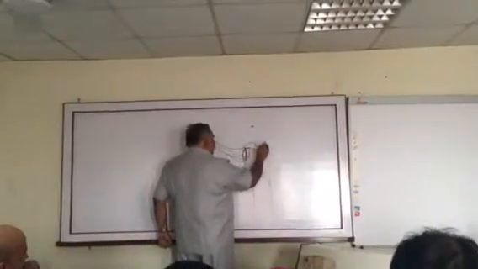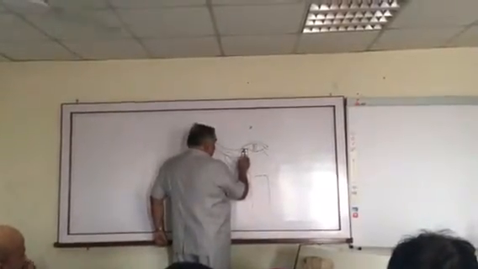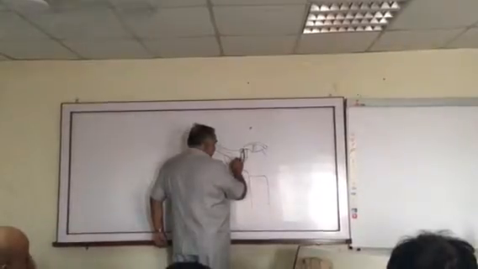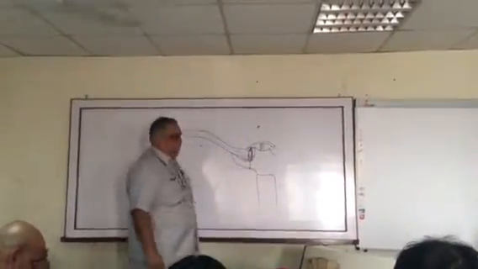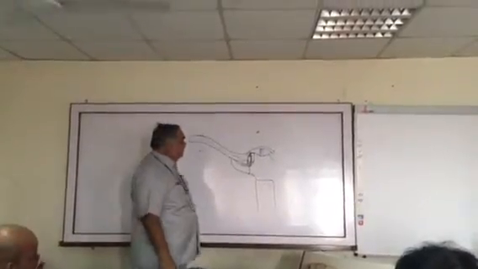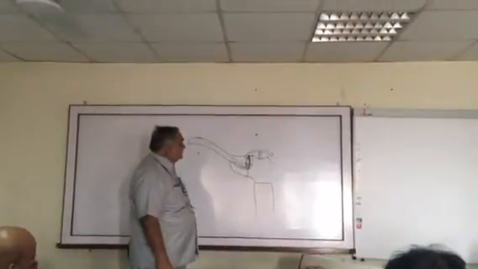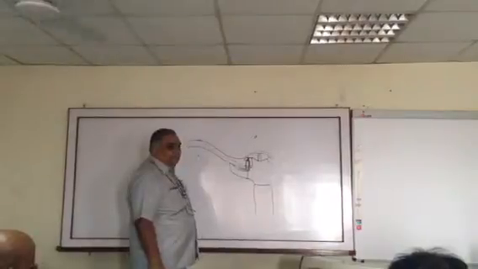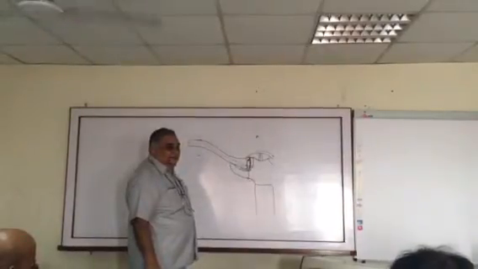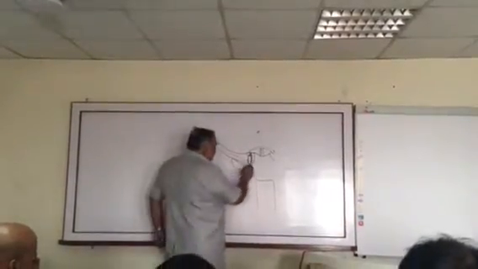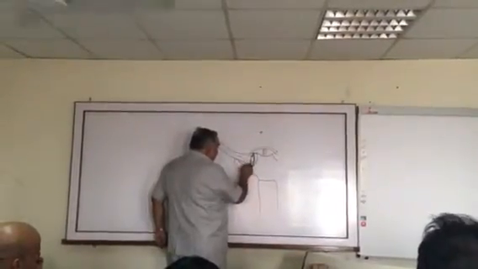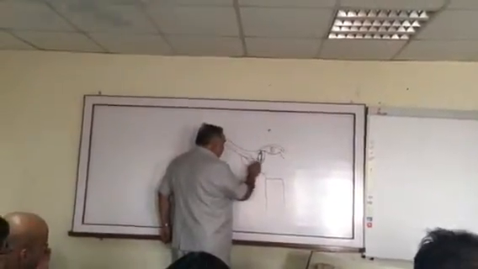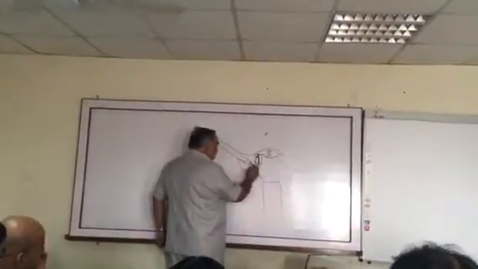Then you have the costoclavicular ligaments. Anterior, posterior sternoclavicular, interclavicular and costoclavicular ligaments. And below you have, going into the groove, the subclavius muscle.